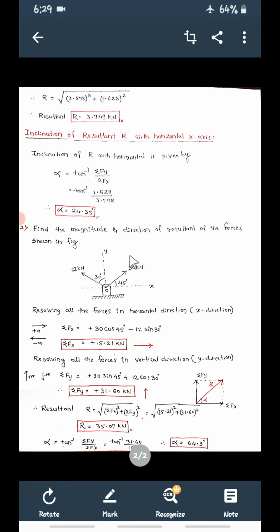Okay, now this 30 kilonewton is making an angle of 45 degree, okay, with the x-axis, and this 12 kilonewton, remember here, this 12 kilonewton is making an angle of 30 degree, okay, with the vertical axis, not this angle, see, not this angle given, but this 30 is given. That you have to note down, the important thing.